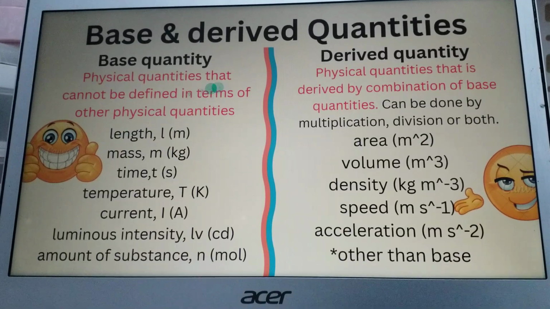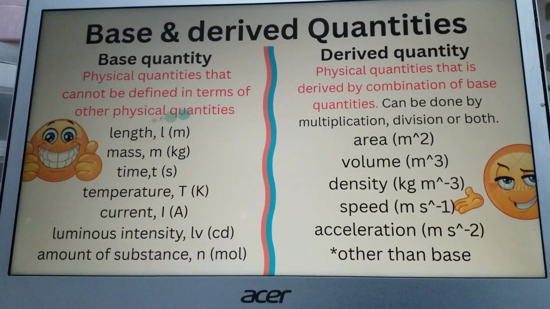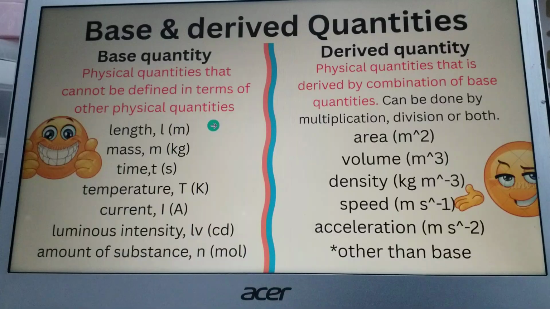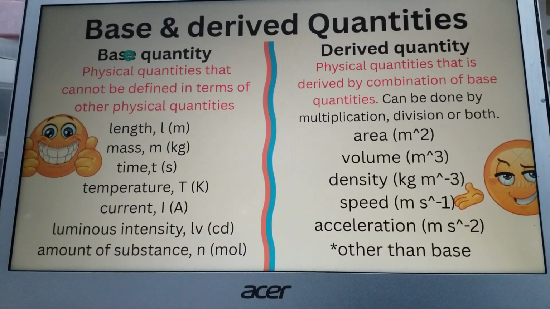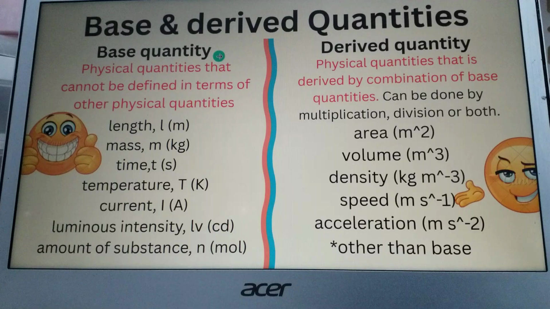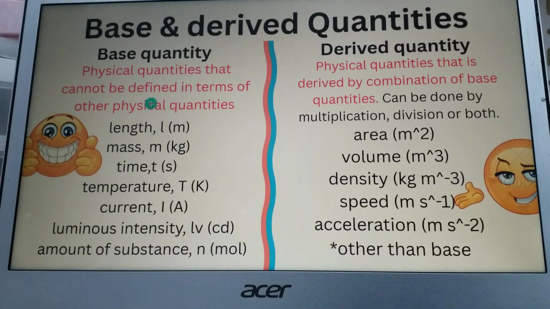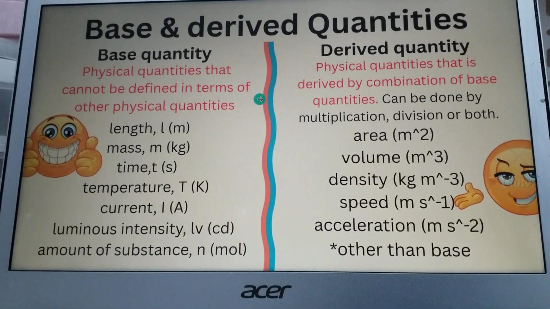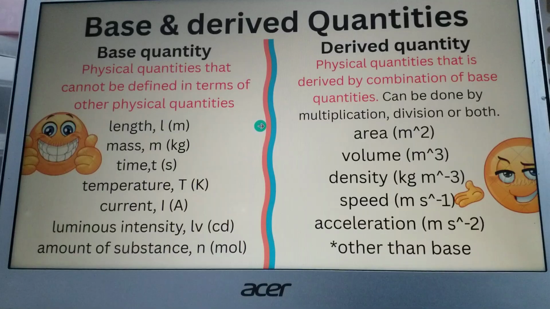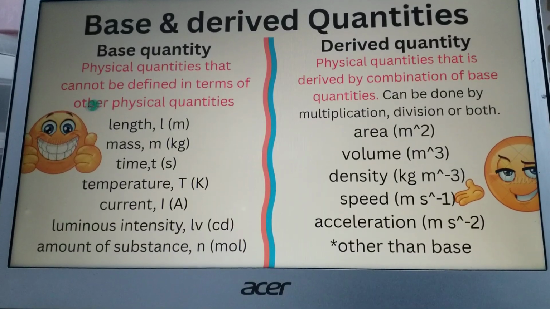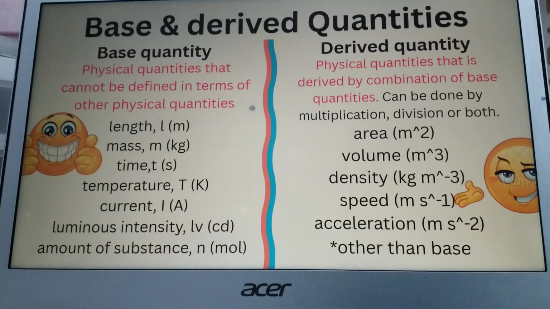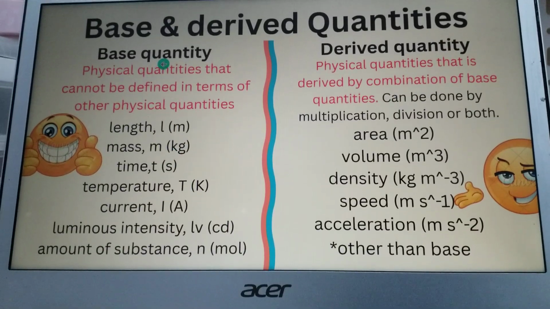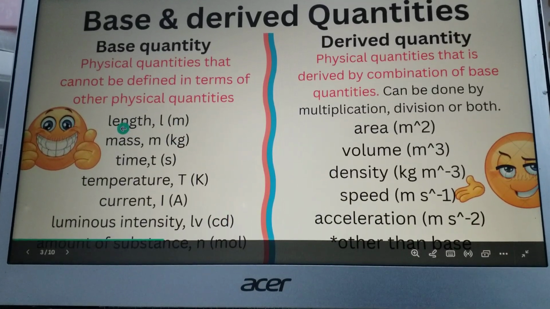Physical quantities that cannot be defined in terms of other physical quantities. This means that the physical quantities in this group, base quantities, are like OG. It cannot be calculated, it's there, and it cannot be defined in terms of other physical quantities because it's them only. So there are 7 base quantities, and this one also needs to be memorized.